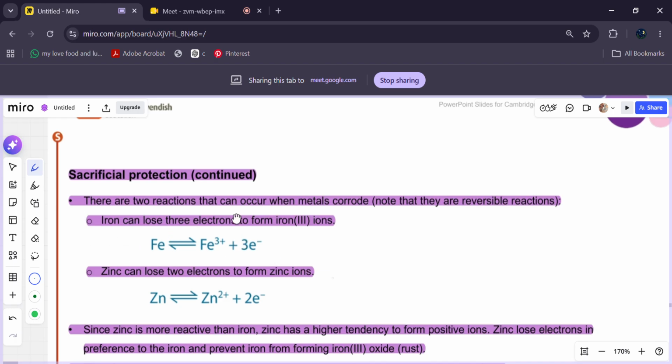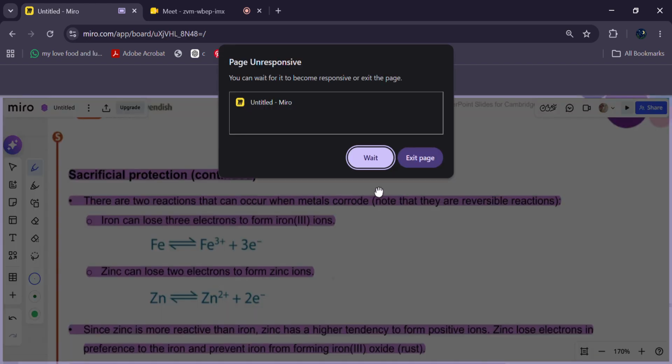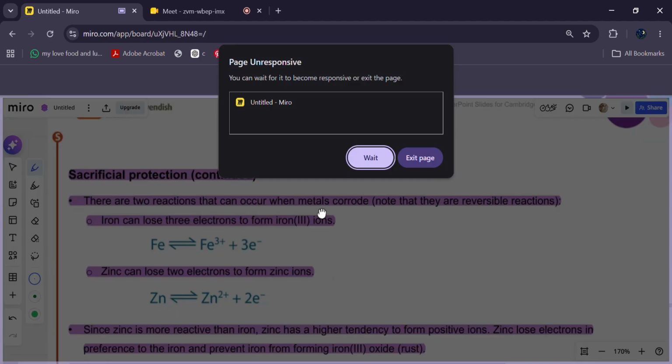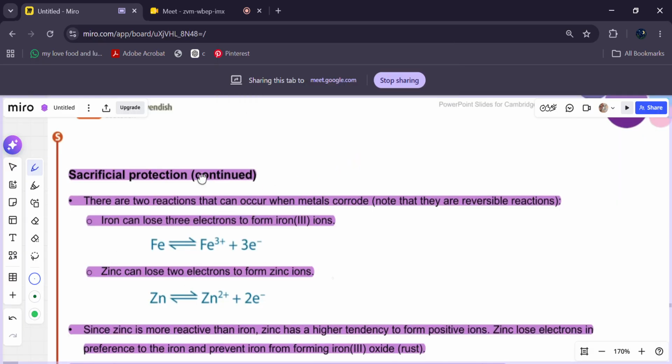So instead of letting iron lose 3 electrons, we use zinc to react with the oxygen and water. So the zinc in this scenario sacrifices itself for the iron, preventing the iron from reacting with the water and oxygen in the air and rusting.